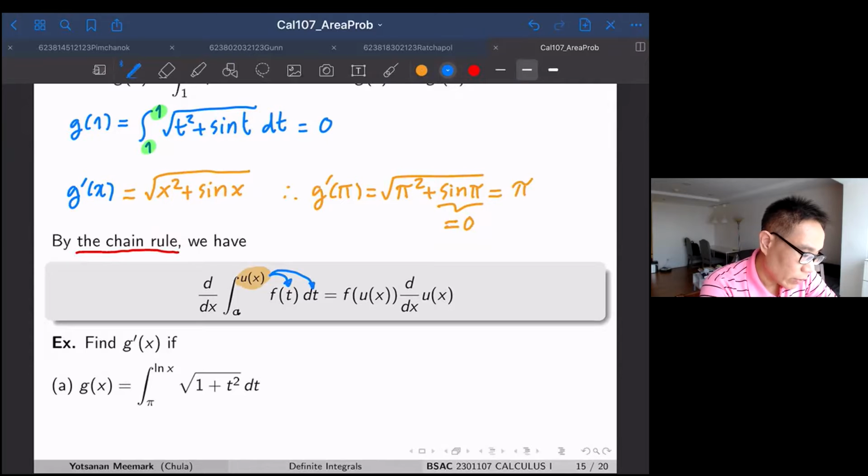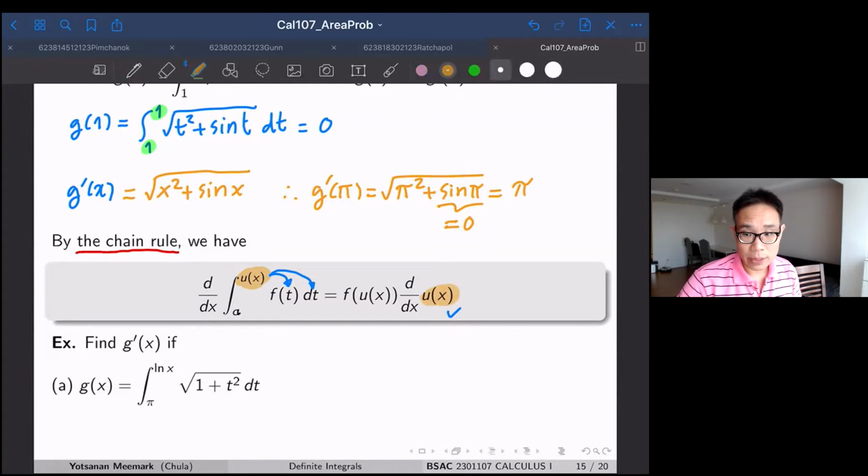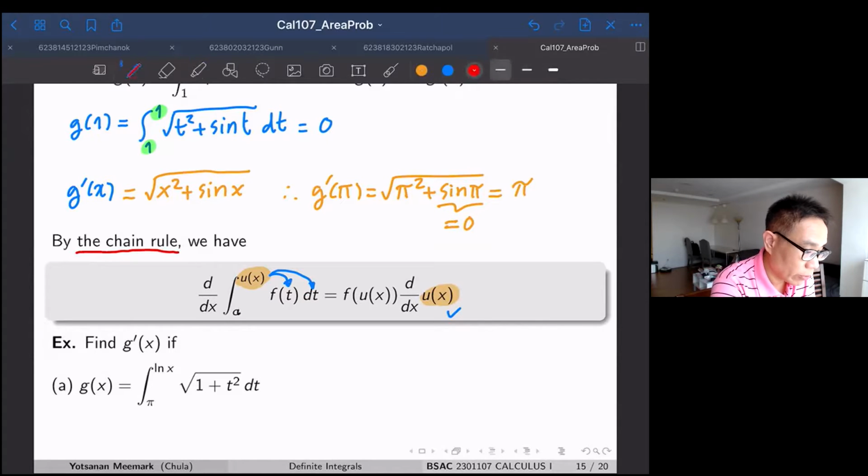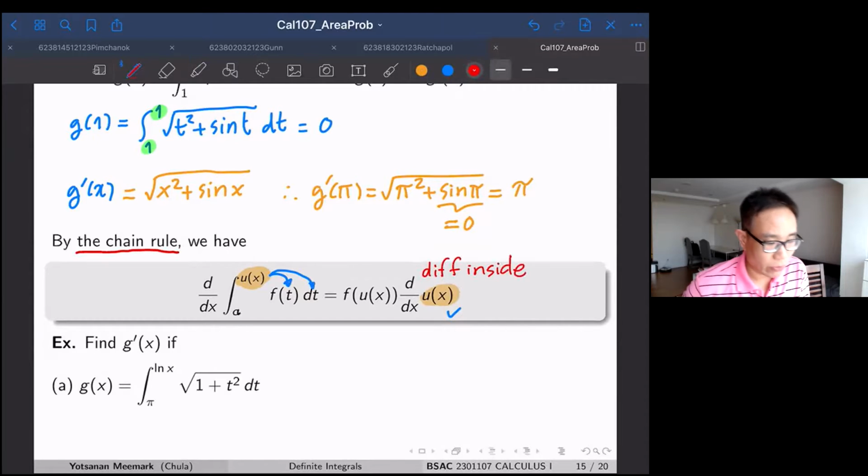So here you have f(u(x)) and d/dx of u(x). This one is called the chain rule. This factor plays the role of the derivative of the inside.